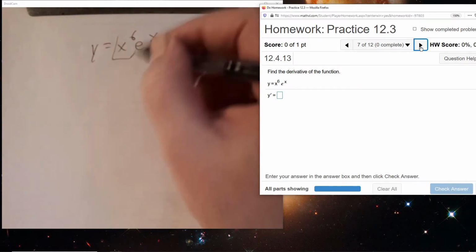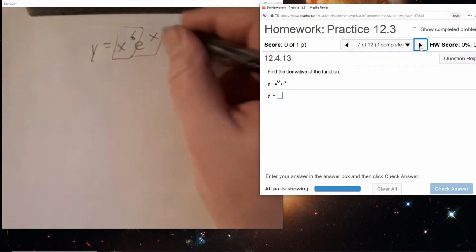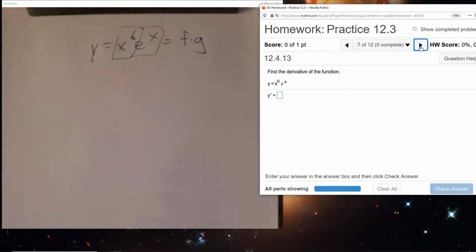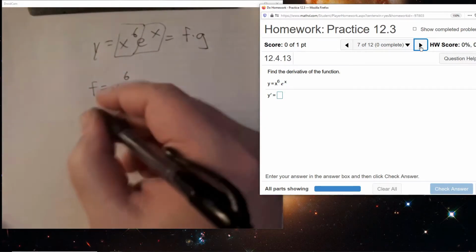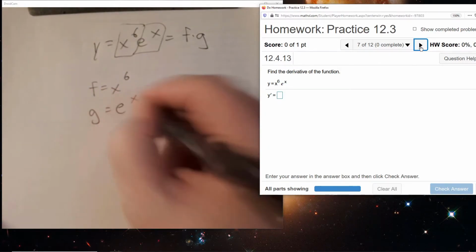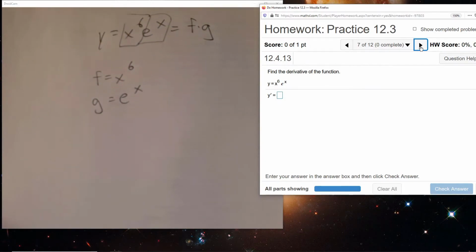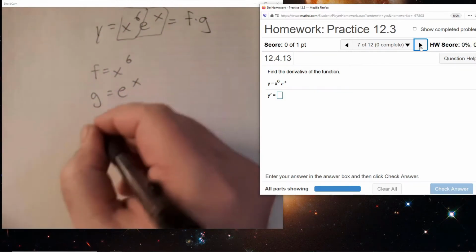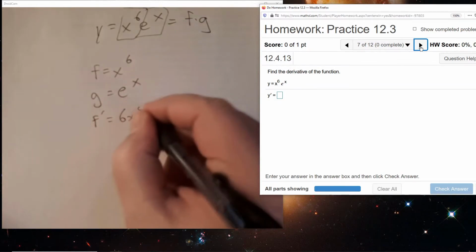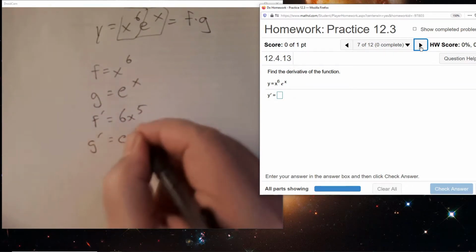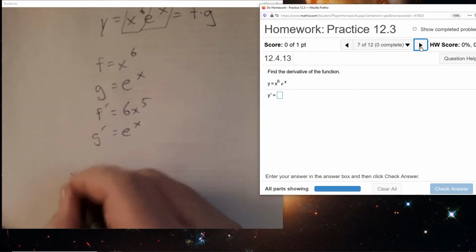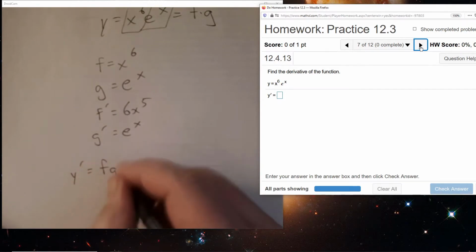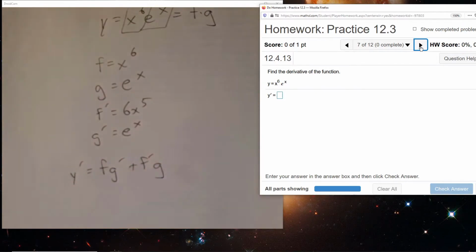We know this is the power pattern derivative, and this is the exponential derivative. There's no chain rule here. This is just a standard product rule. So once we have f and g, we get those derivatives. And then we plug them in to the product rule.